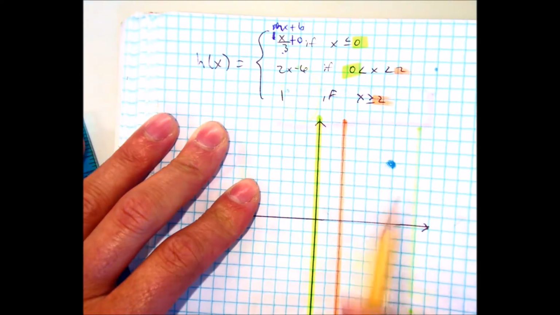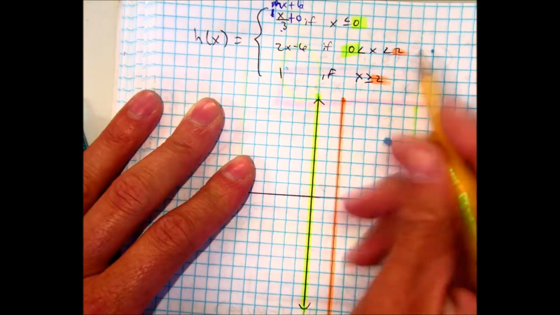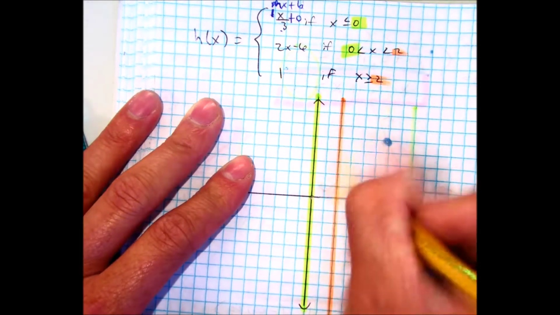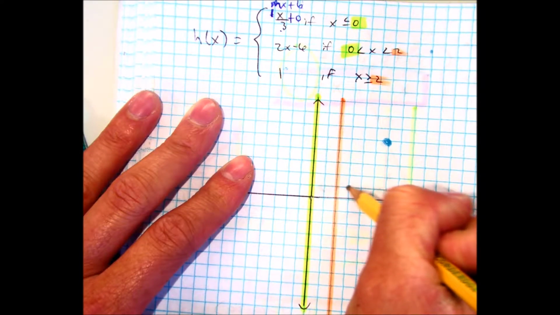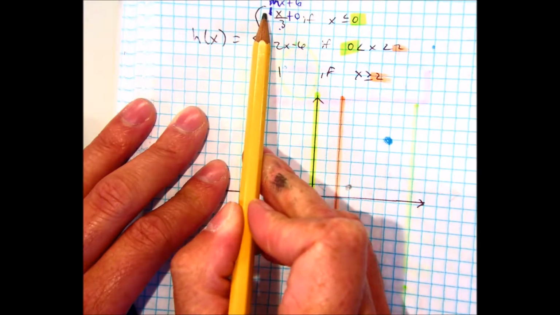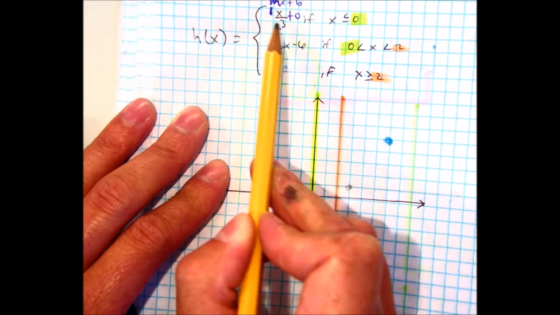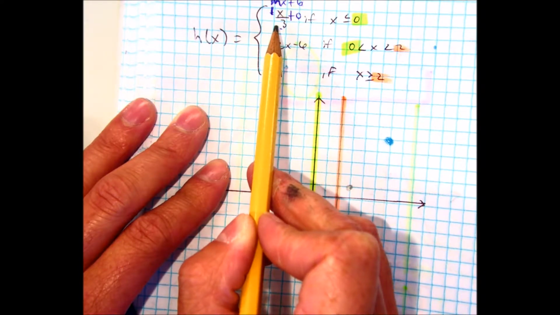So I'm going to graph this with the pencil so I can erase it. I have a point here at 0, and I'm going to go up 1, right 3. Remember, if you ever have to go the other direction, you can also use -1 over -3, because a negative divided by a negative is a positive.